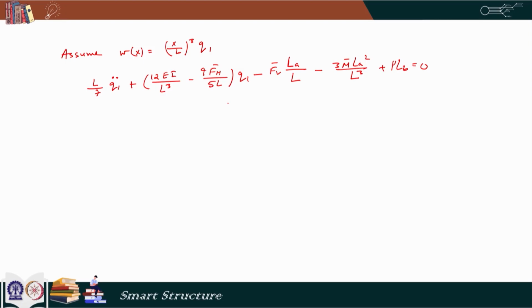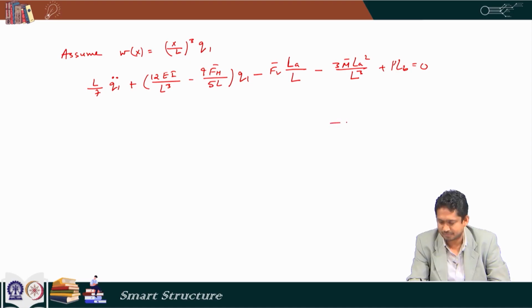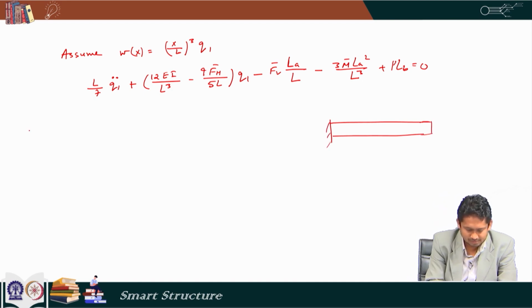Now, shape memory alloys are used as actuators also. In that case, we have to give thermal actuation. So, for the same configuration, if it has to be used in actuation mode, application as actuator.